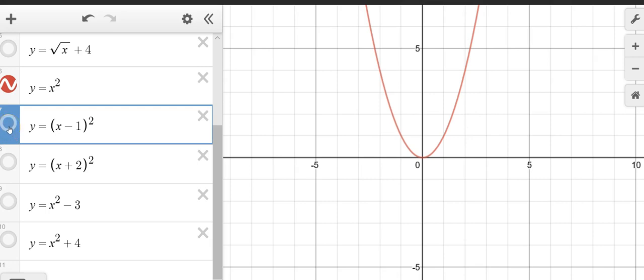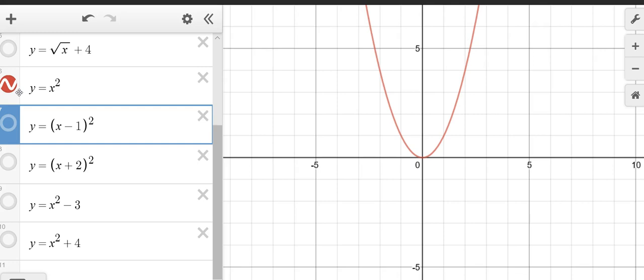Now, why is that happening? If I plug a 0 in here, what does that give me here? 0, right? What do I plug in here to get 0 over there? 1. In other words, I had to plug in a bigger value to get the exact same number.